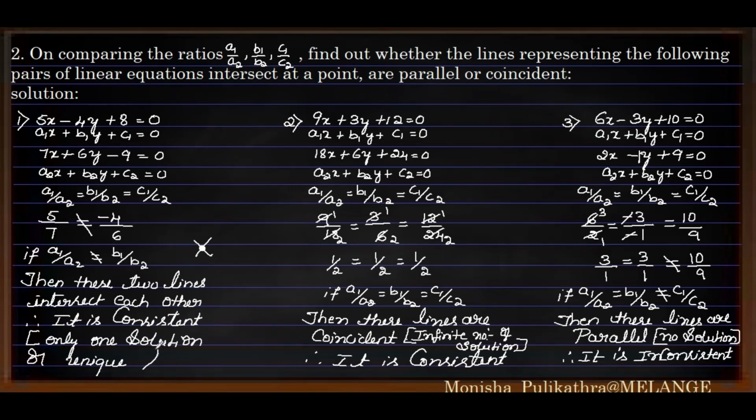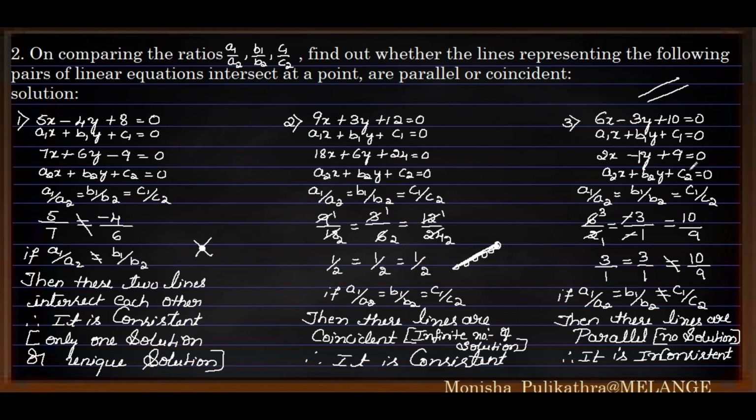Intersecting lines intersect at only one point, so it has only one solution. Coincident means one upon the other, the lines will merge with each other, so at each and every point the solutions will be there. And in parallel lines, both lines never touch each other, so there are no solutions.